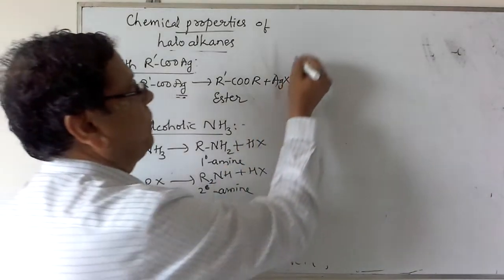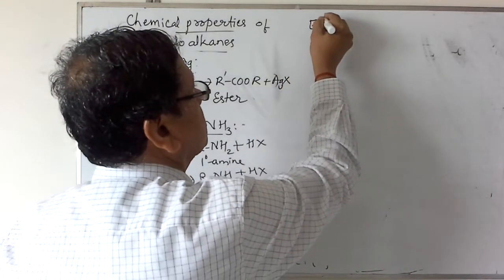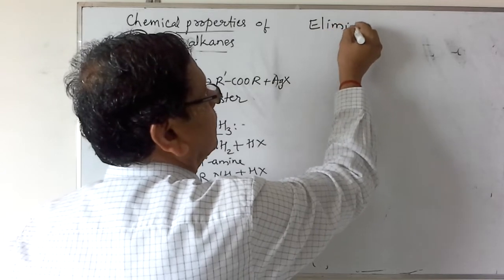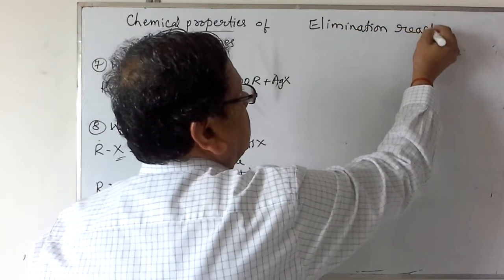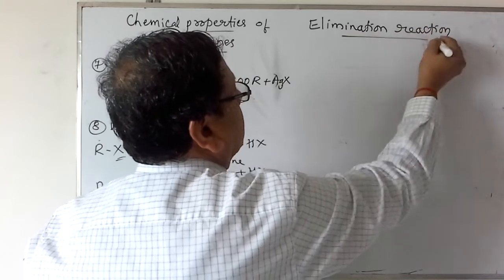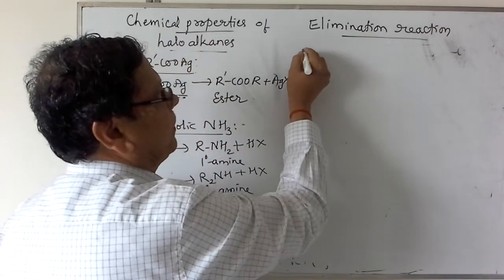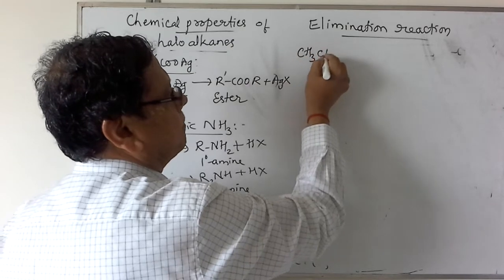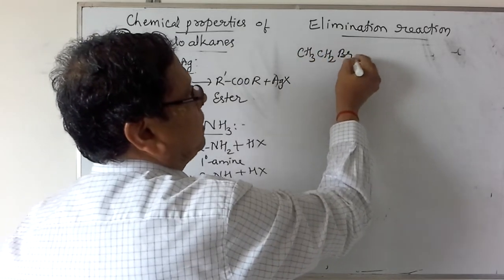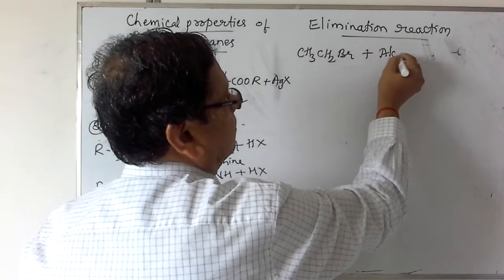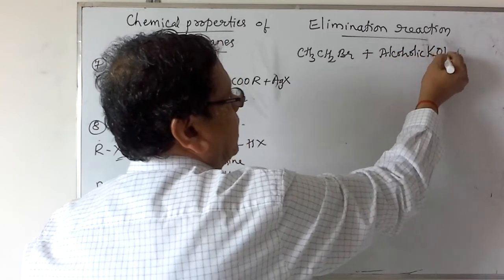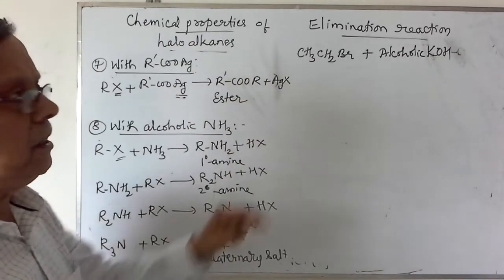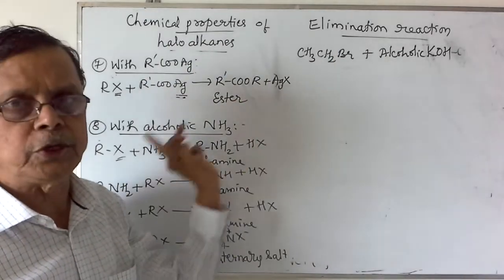The next type of reactions are elimination reactions. In this elimination reaction, when an alkyl halide, say for example ethyl bromide, is treated with alcoholic KOH, remember, if you are using aqueous KOH, it will undergo substitution reaction.